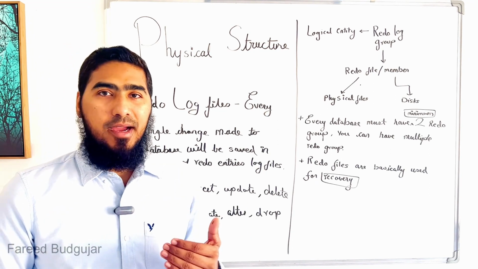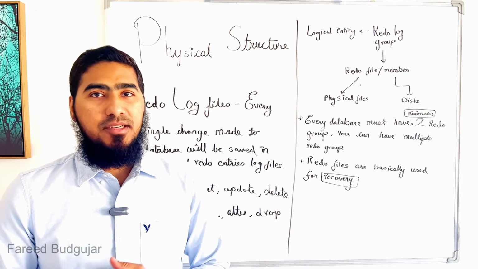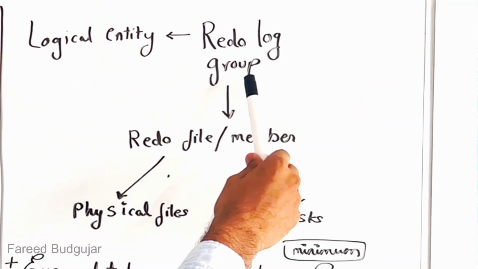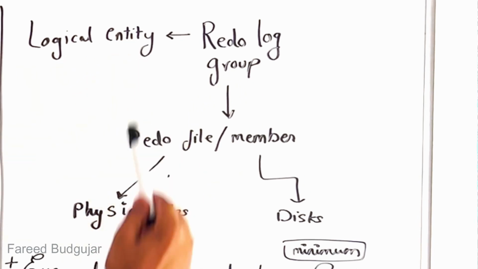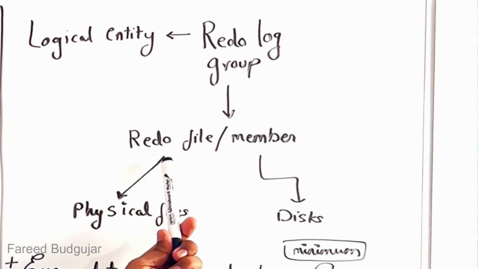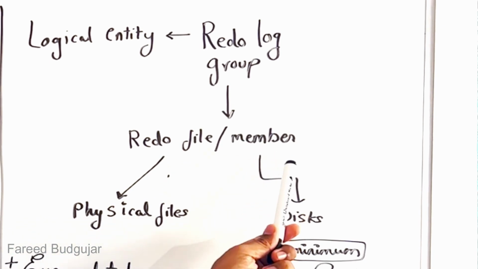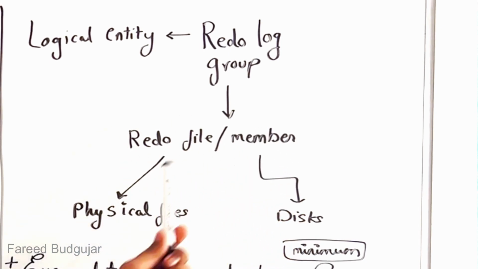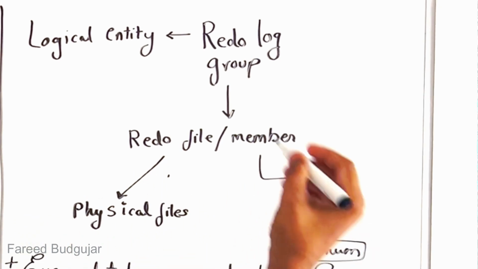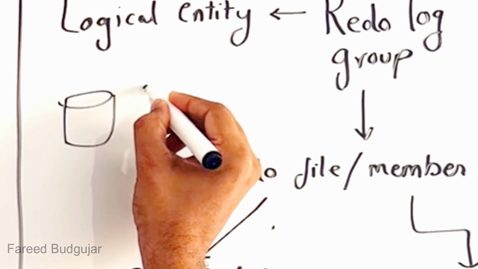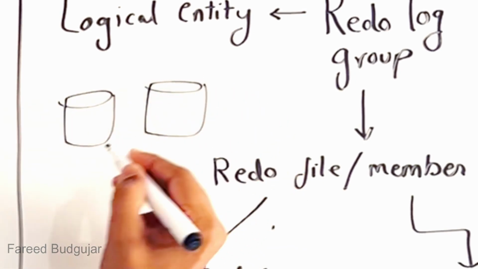Redo log has been divided into logical and physical structure. So the redo log group is there first. That is your logical entity. Then you have redo files, or we also call them redo members. These are the actual physical files that are stored onto a disk. So you have one redo log, you have two redo logs.